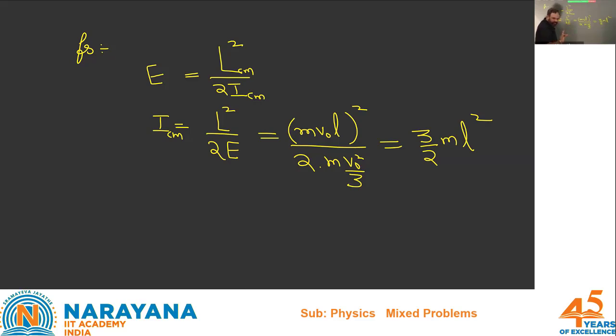There is no pseudo force, so no work came, and there is no potential term. So E is whatever was the initial kinetic energy from C frame. So with respect to C, the total kinetic energy always remains the same. So from here I substituted L cm, E cm, and I got I cm. And now it should be close.